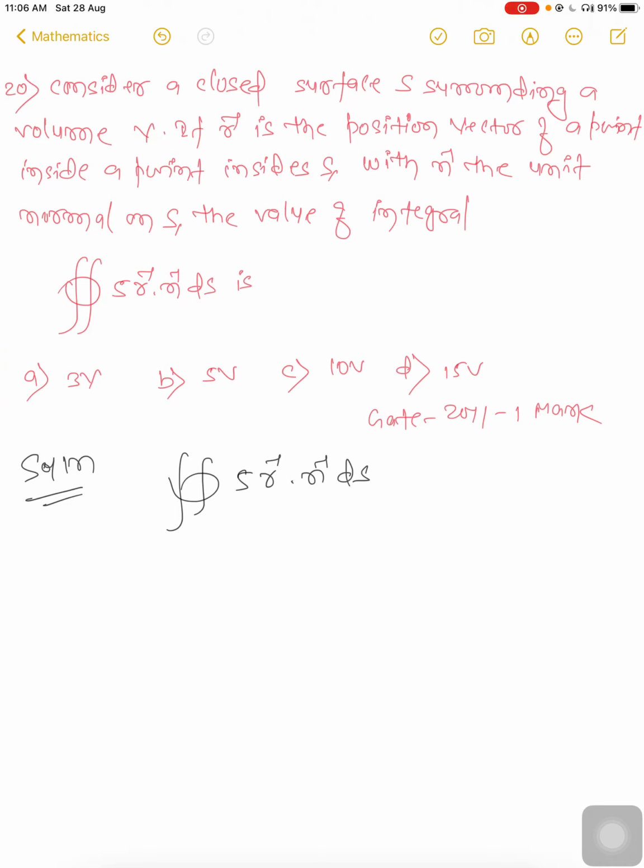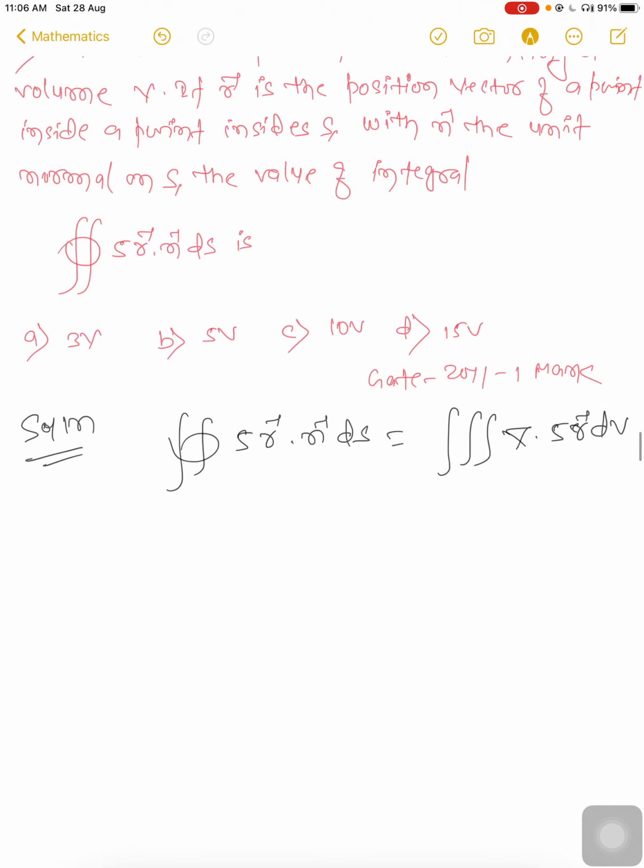So we can convert it into a volume integral, del dot R vector dv. So del dot R is equal to what will happen?